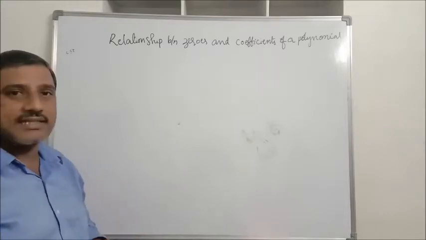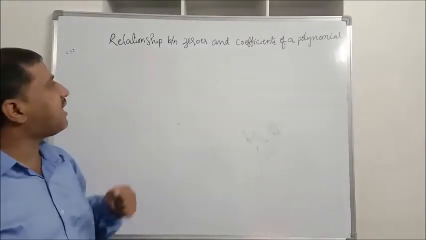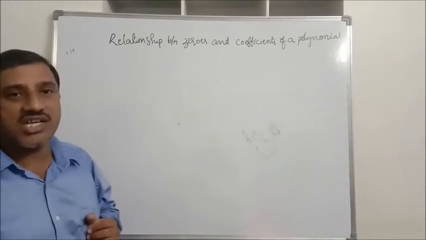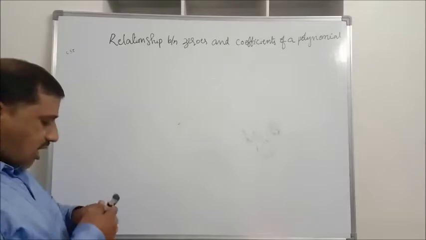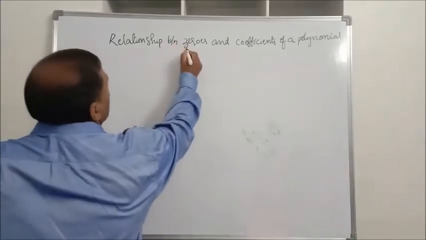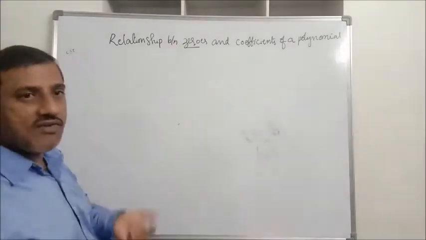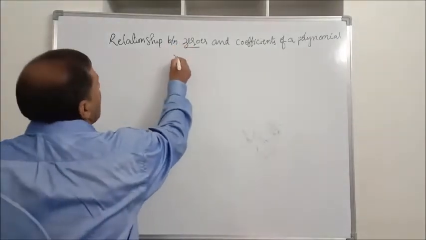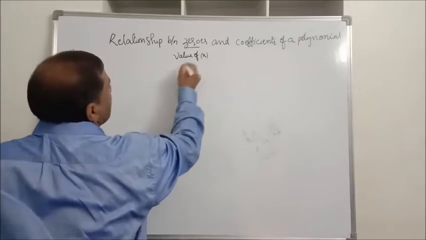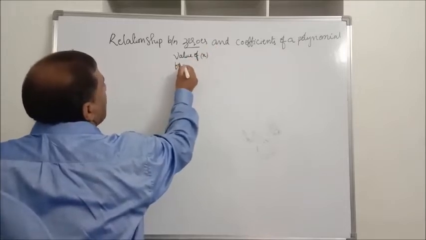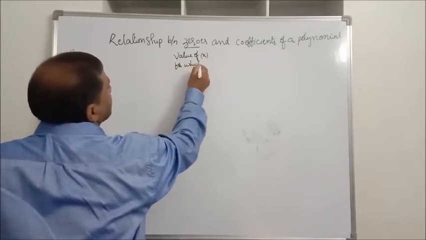Now we are going to discuss the relationship between zeros and coefficients of a polynomial. What is a zero of a polynomial? We discussed yesterday: a zero of a polynomial is the value of x for which p of x is equal to 0.